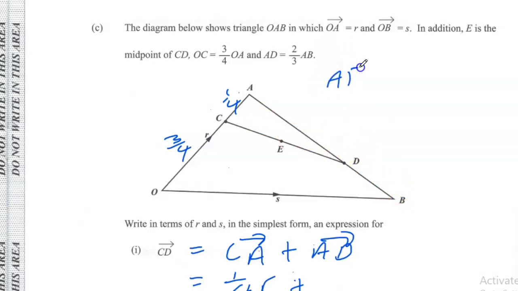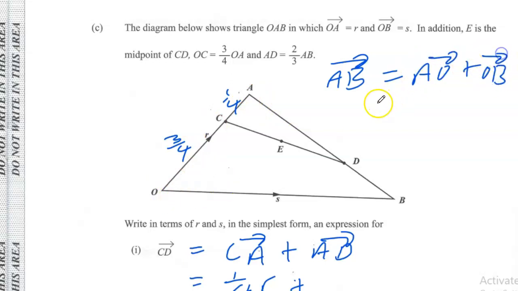Now the vector AB, to get from A to B, you'll go A to O, and then O to B. So A to O is the opposite of OA, so it's minus R, direction change, so the sign changes. And OB is in the same direction as S, so AB is negative R plus S.